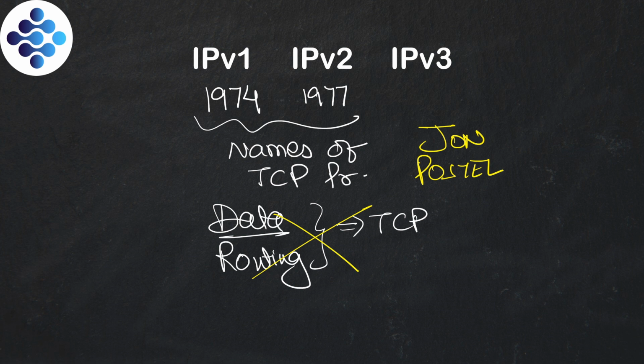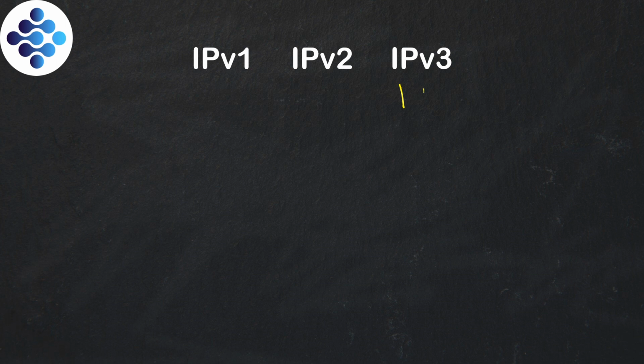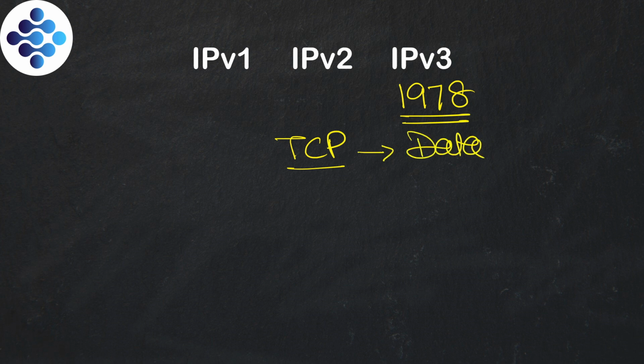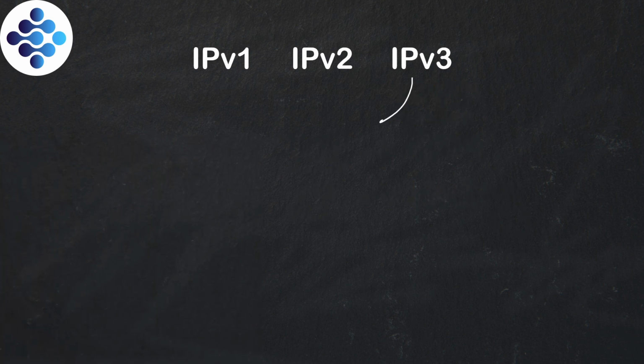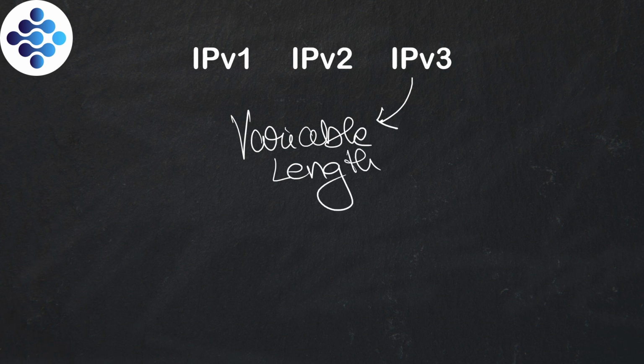And this proposal led to IPv3 in 1978. It was in IPv3 where TCP was used for handling data and IP was used for routing. So this was one of the very important concepts. In IPv3 it was with variable length IP address.